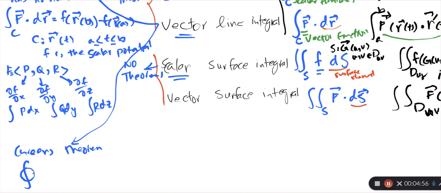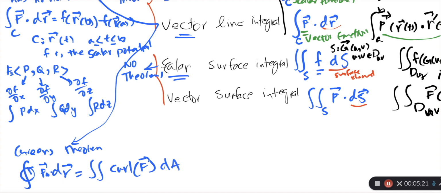And so for Green's theorem, you want to have F dot dr with the counterclockwise orientation. That is going to be a double integral of curl of F dA.